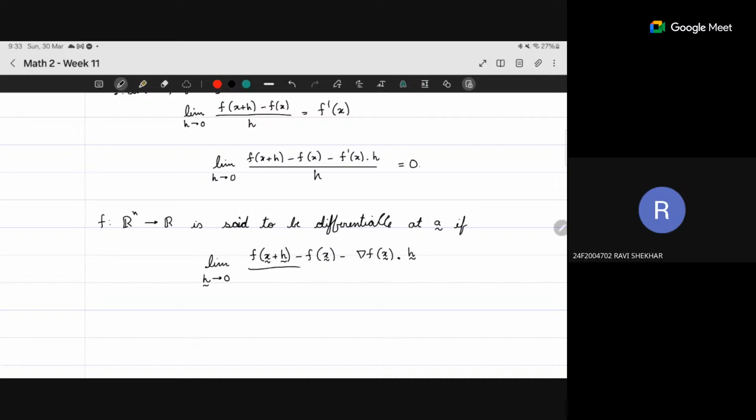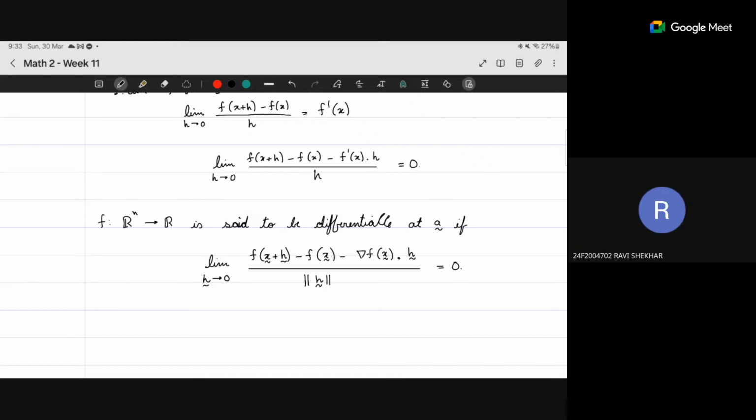But then I have to divide now. I cannot divide by h or h tilde because that's a vector. So we take the norm of that, if this happens. So this is the definition of differentiability of a scalar valued multivariable function.